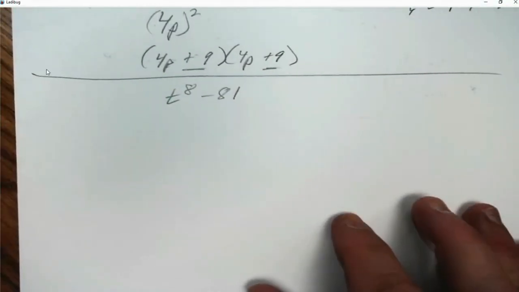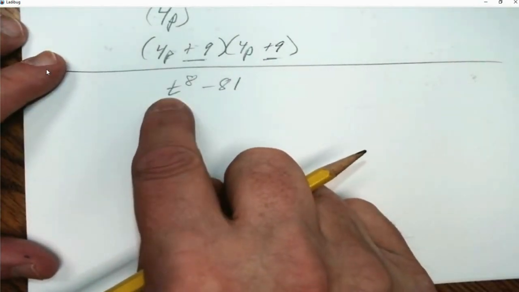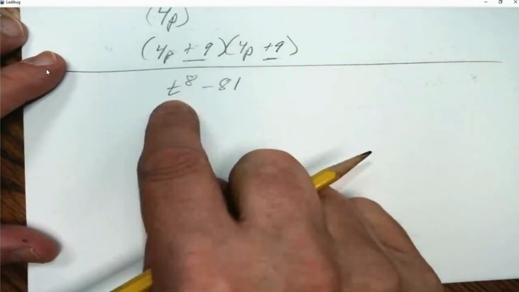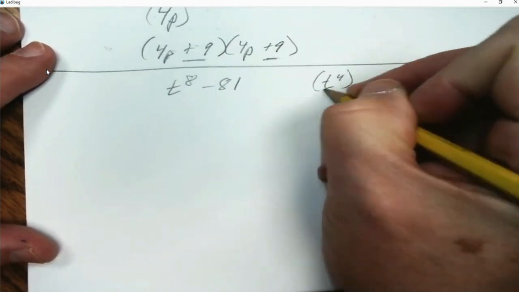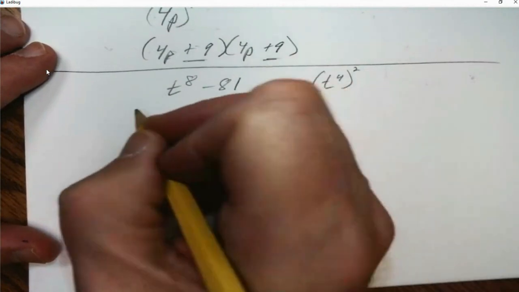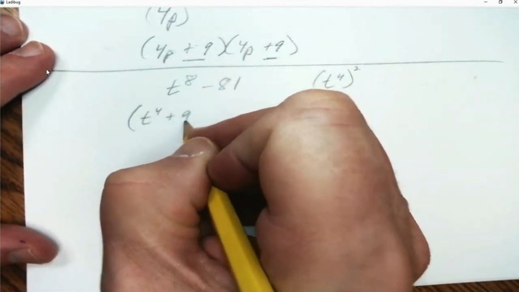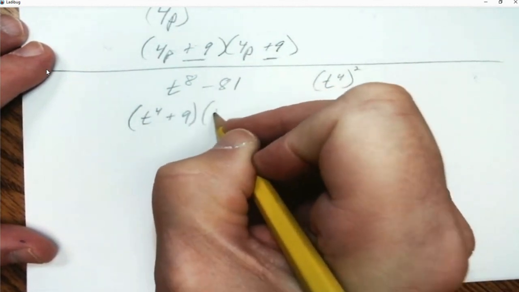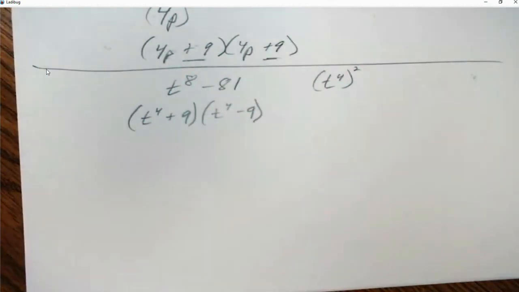Fully factor this. And we looked at it and we said, okay, this is a difference of squares because this is a square and this is a square. This is t to the 4th times t to the 4th, so that's t to the 4th squared. So this would factor to t to the 4th plus 9 and t to the 4th minus 9. Is that fully factored?